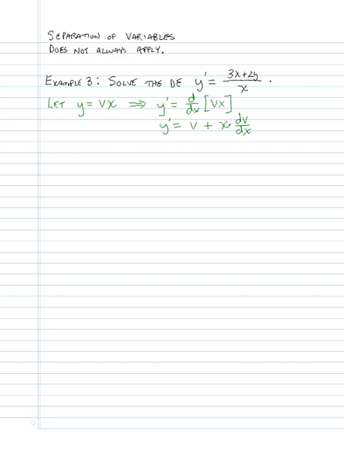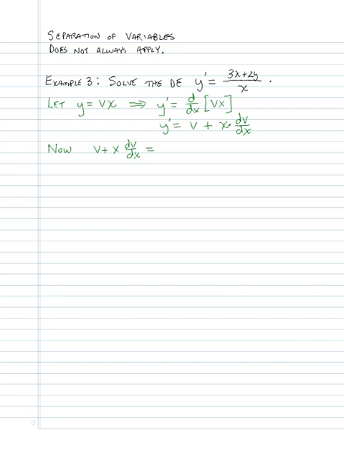So we take our original differential equation and we replace, in this case, the left side, but we're replacing y prime with v plus x times the derivative of v with respect to x. So we end up with v plus x times derivative of v with respect to x on the left side is equal to.